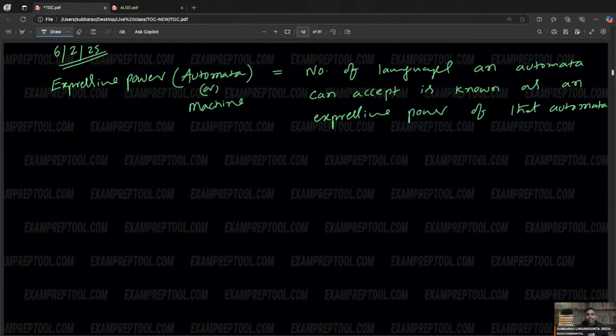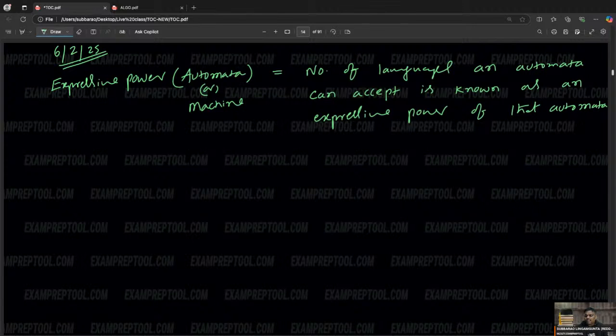When I was a kid, I used to see Indian former Prime Minister Mr. P.V. Narasimha Rao, and I used to read that he knows approximately 10 languages. His expressive power is more in terms of prime ministers. Other people may also have it, but we don't know exactly how many languages they know.